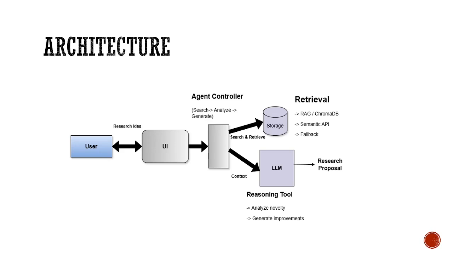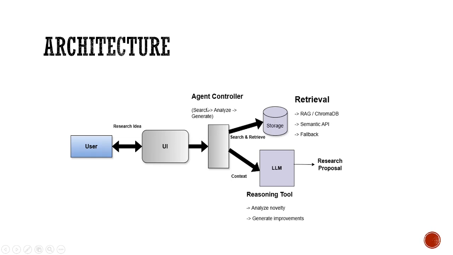It basically defines how the system must behave. I have avoided the use of any external tools to build the agent controller. It's a simple Python loop based algorithm. It defines the tasks, and these tasks are to search, analyze and generate. Each of these tasks is executed using different tools.